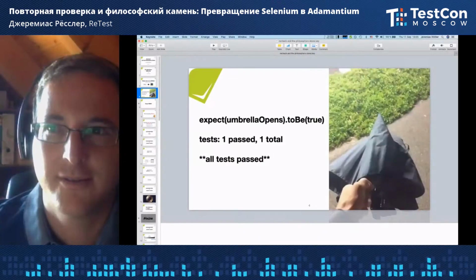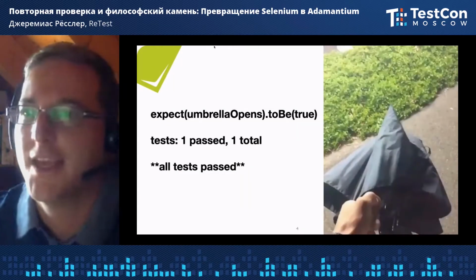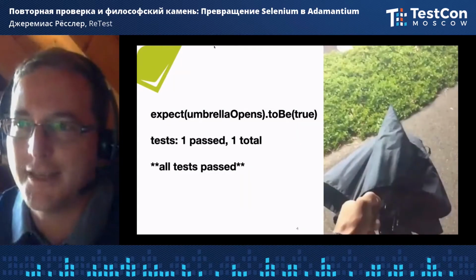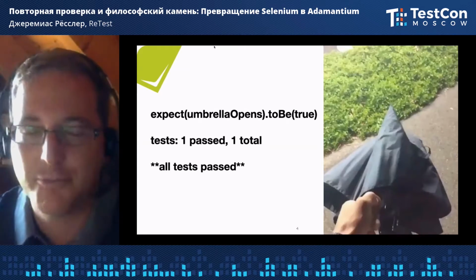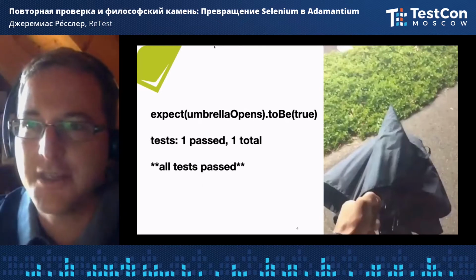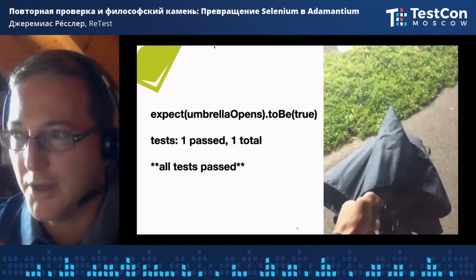So today I want to talk about how the current state of testing is maybe not optimal. If you want to write a test for an umbrella, you would probably write something like that you expect the umbrella to open. However, this doesn't suffice.